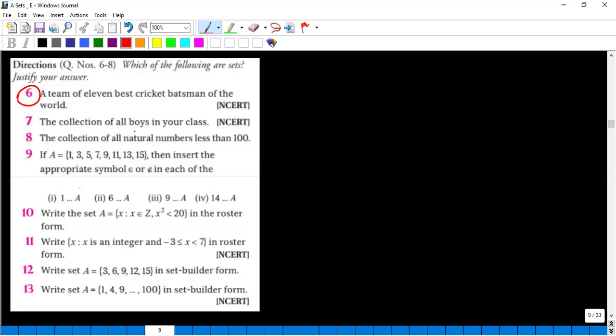Collection of all boys in your class. Yes, we can frame a set over here easily. Let's see one more example.